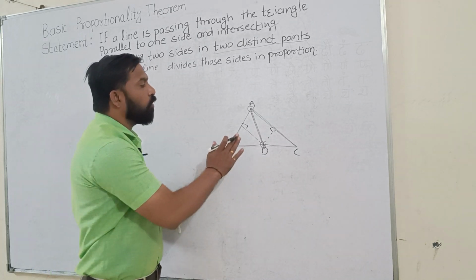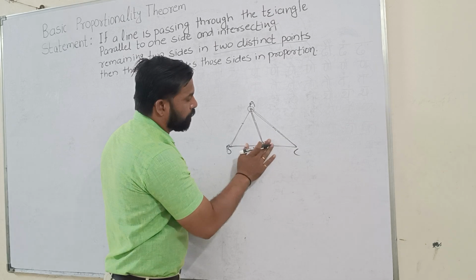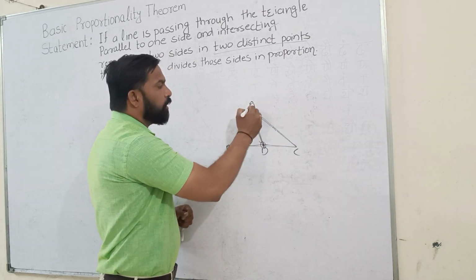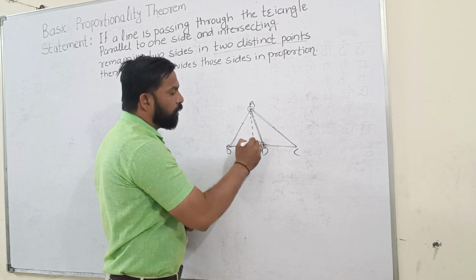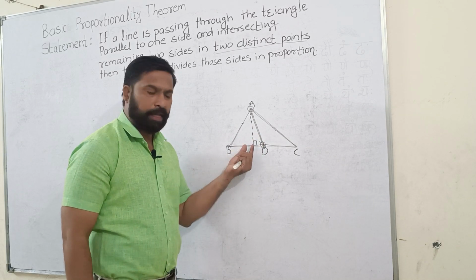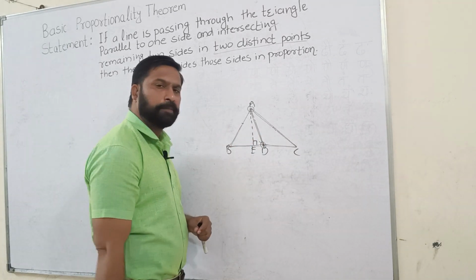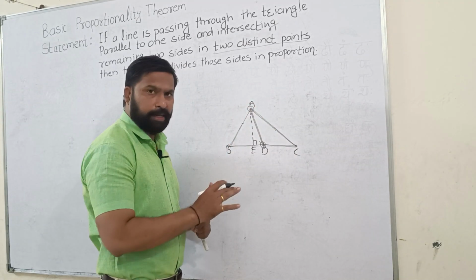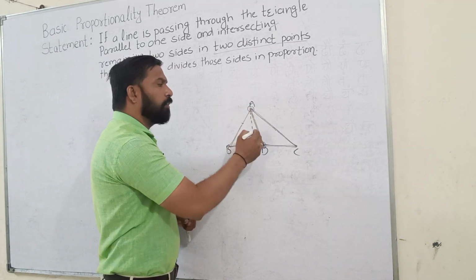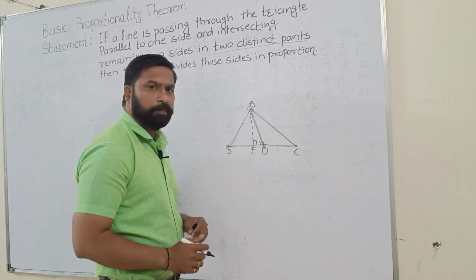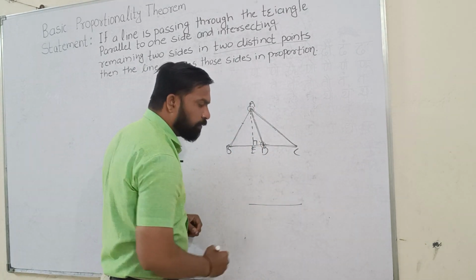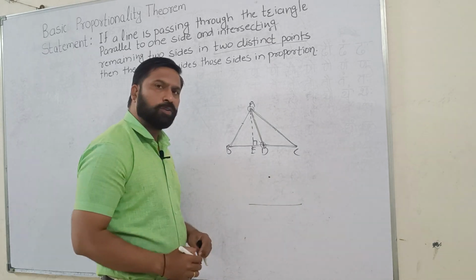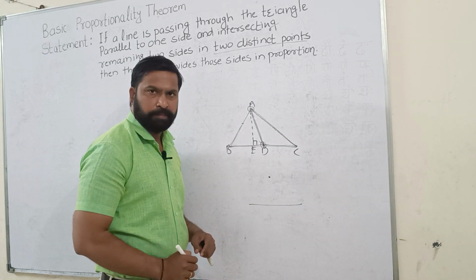But what if I go through A? A is also a common vertex. So if I draw the height through A, it will fall on BD at this point, which I will write here as E. And in this triangle, again if I draw a height, it will again fall on E, because on one line, from one point, we can draw only one perpendicular.